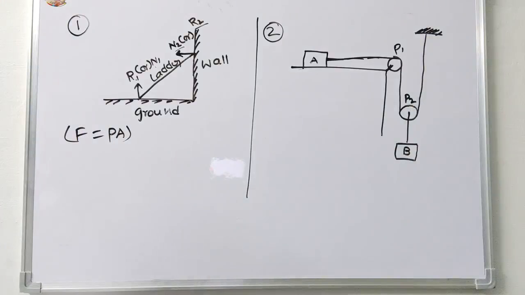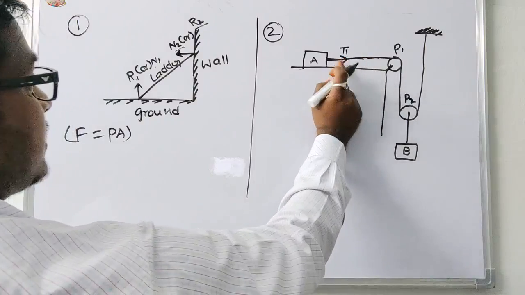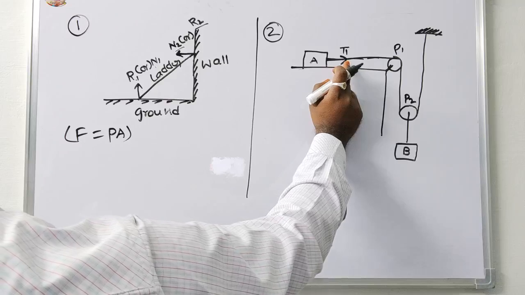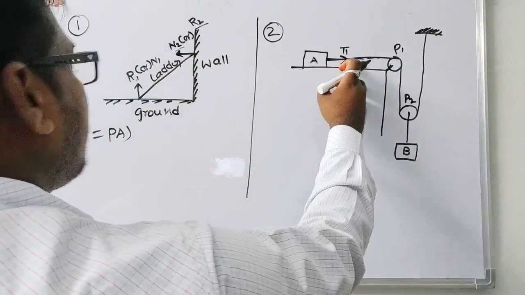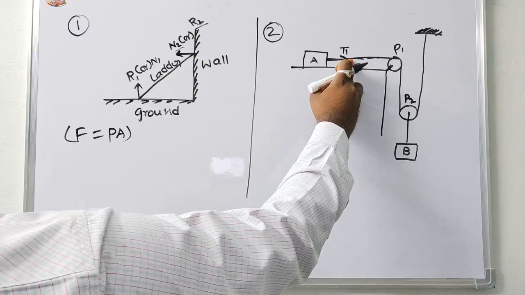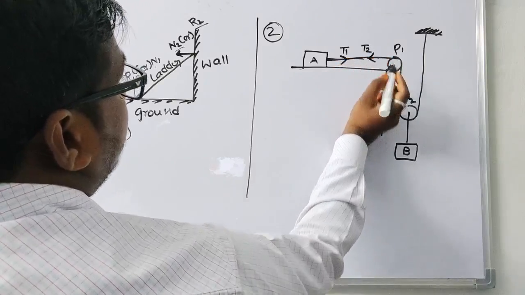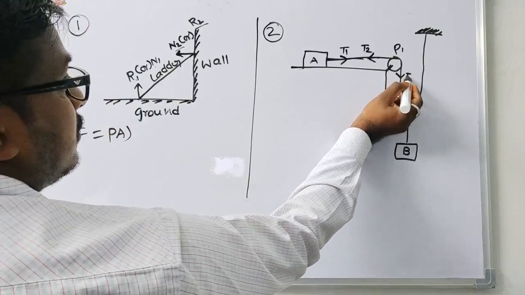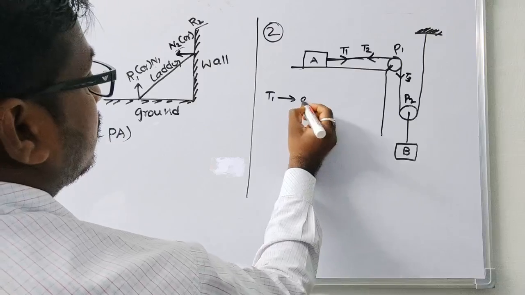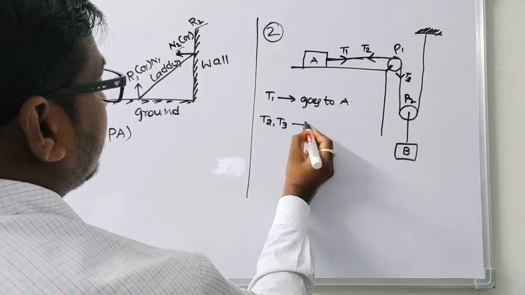In this one, students, T1, the first tensional force, goes to block A. It is the force applied by the string on block A. T2 and T3 go to pulley P1.